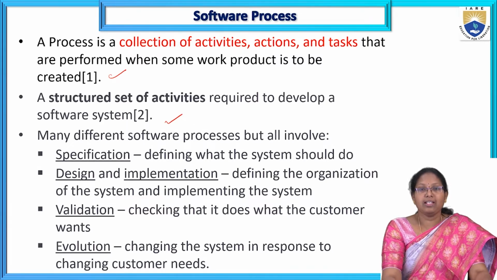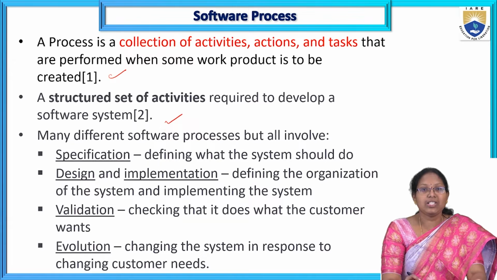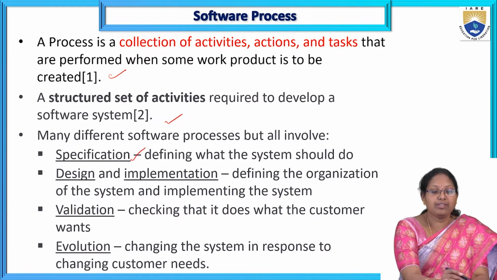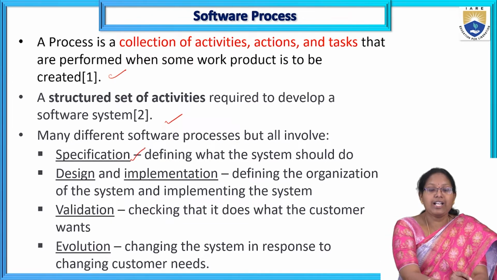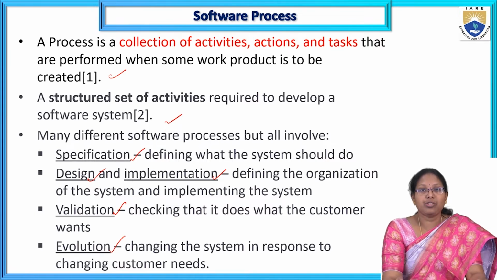Many activities come under that. The major activities under the software process consist of specification, design and implementation, validation and evaluation. These are the common steps in our software development process.